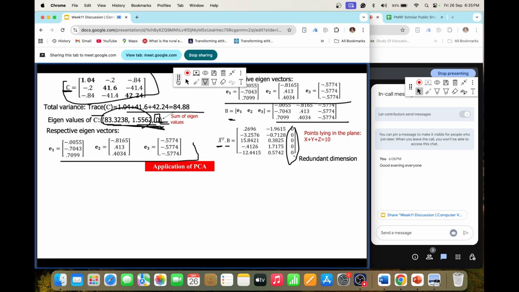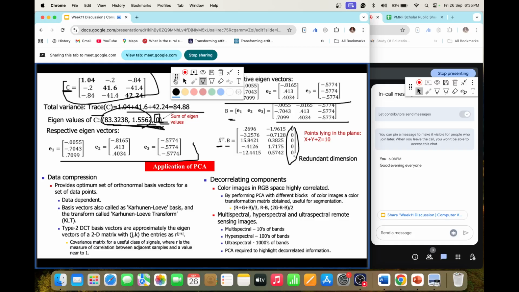Okay, now what are the applications? These are some of the applications. We can do data compression. Definitely we are compressing the data because we are reducing the dimension. Okay, and then decorrelating components. As I have told you, we are projecting the data points onto eigenvectors. Now these eigenvectors have the orthogonal property, meaning they are uncorrelated. So you are nothing but decorrelating the components.